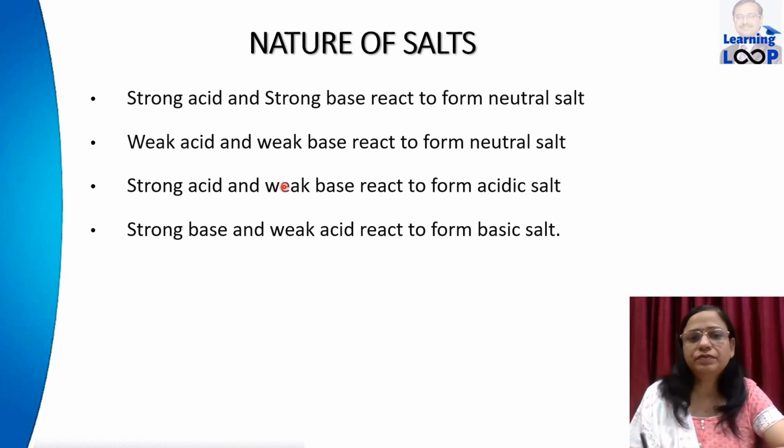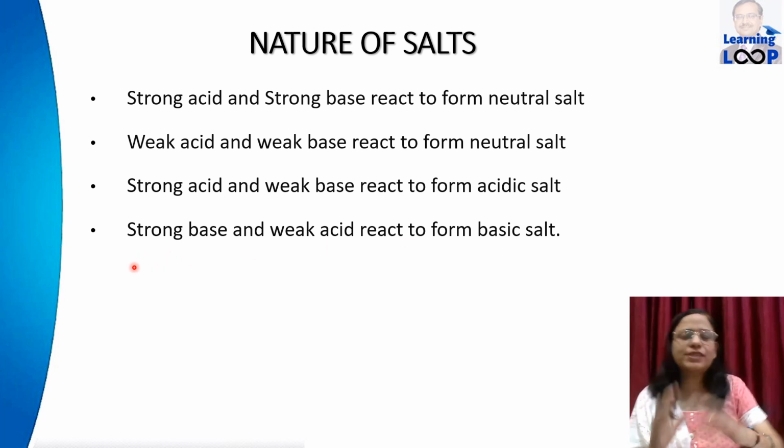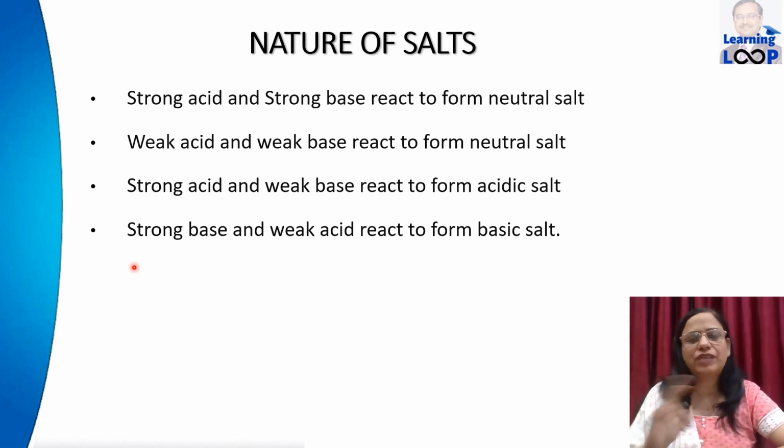But if the acid is strong and the base is weak, you will get an acidic salt, because the acid is strong, so obviously the stronger one dominates. But if the base is strong and the acid is weak, then we get a basic salt because the base is strong. Whichever is strong, that kind of salt will be formed. But if the strength is the same, both strong or both weak, we get a neutral salt.